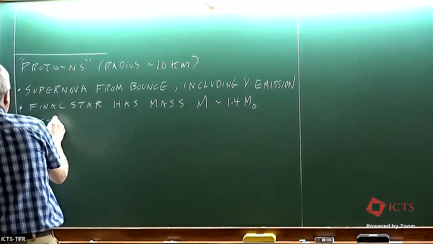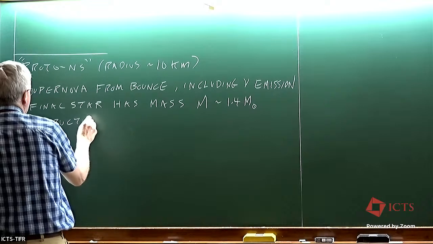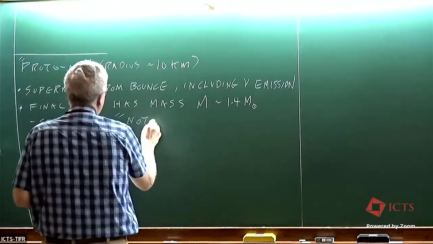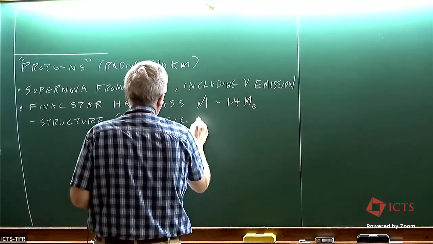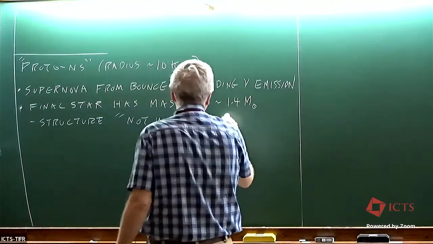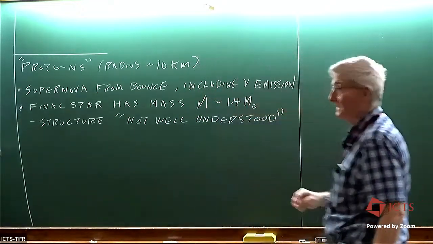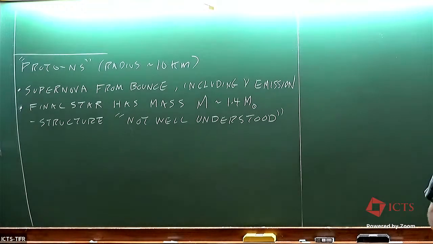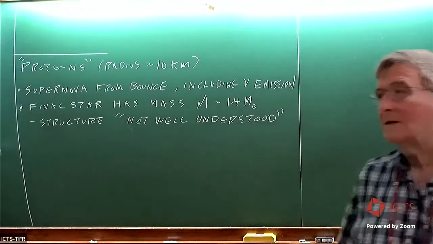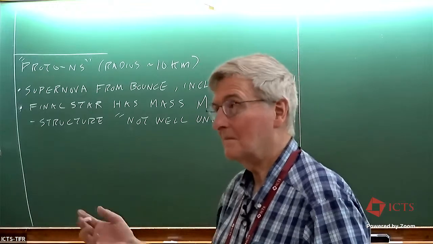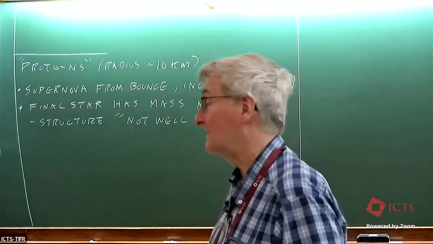And its structure is "not well understood." And I'm putting that in quotation marks, because it's really a euphemism for saying it's poorly understood. I'll be using that phrase a number of times this week to describe various phenomena, our understanding of phenomena.